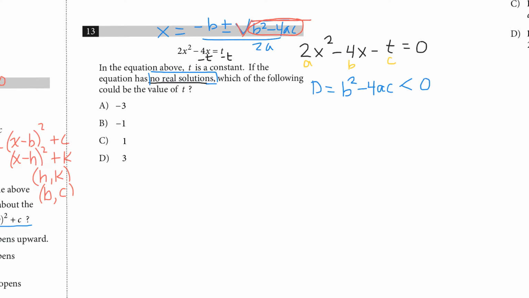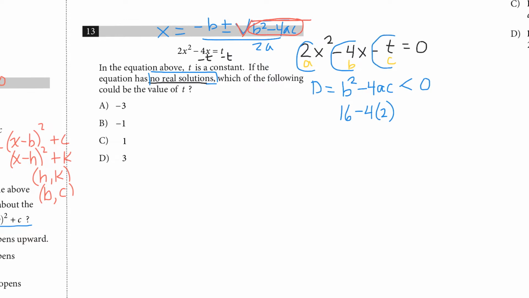And so that's where we're at right now. We need b squared minus 4ac to be less than 0. So b is negative 4, so b squared would be 16. Minus 4 times a, which is 2, and times c, which is negative t.